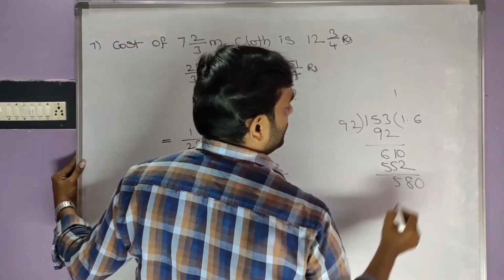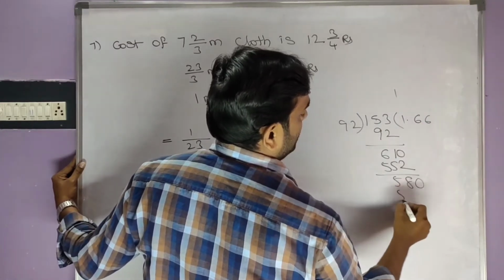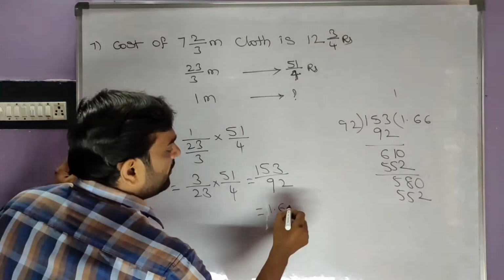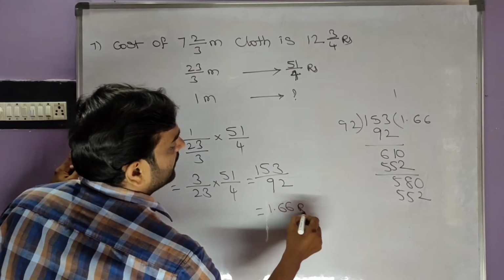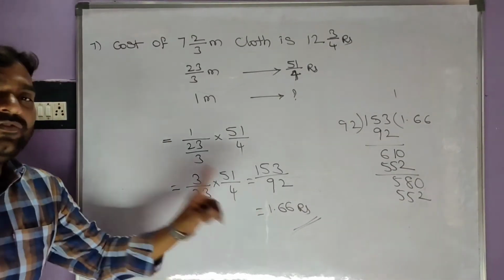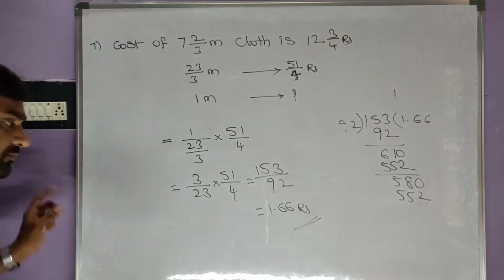Again point 0. Then do again 6, then you will get again 552. Enough. You will get 1 rupee 66 paisa. Okay, that's the cost of 1 meter cloth.